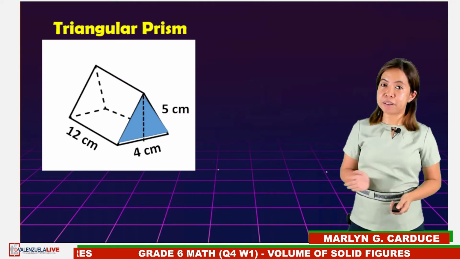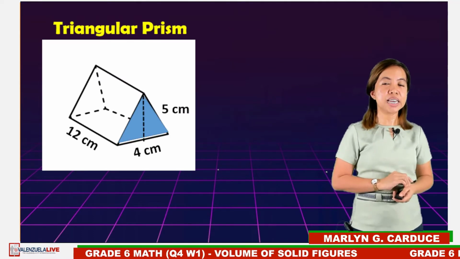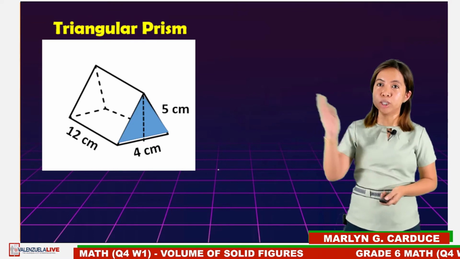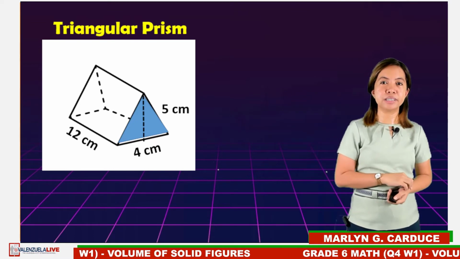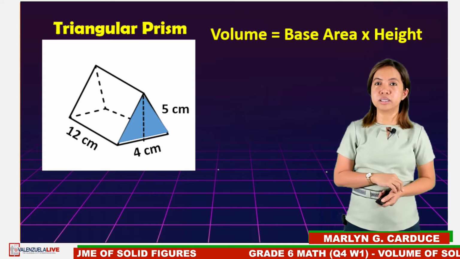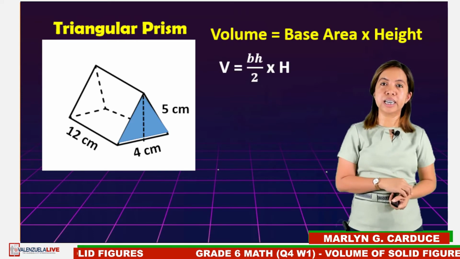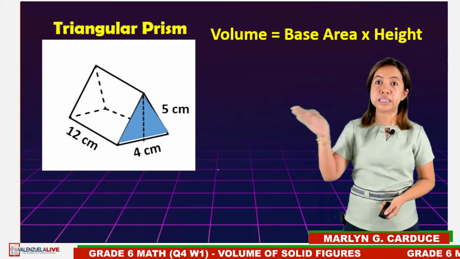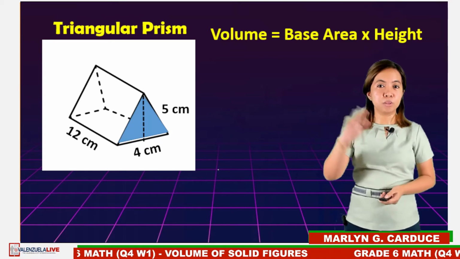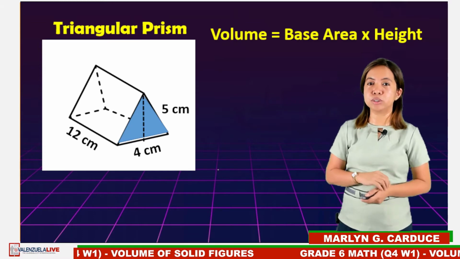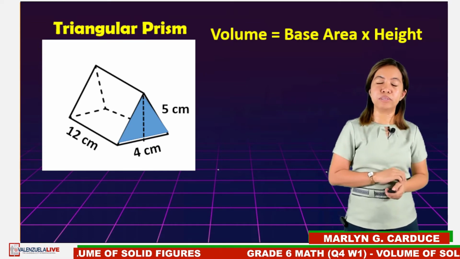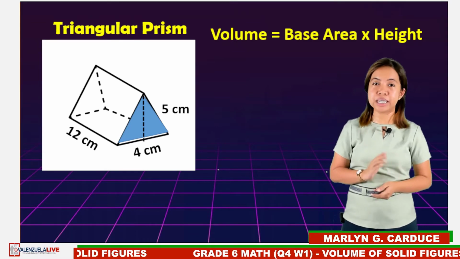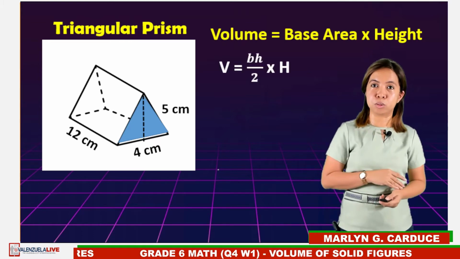Let's apply again the general formula in solving for the volume of a triangular prism. As you can see, the base in a triangular prism is a triangle. Going back to your previous lesson, to compute the area of a triangle, we use the formula base times height divided by 2.